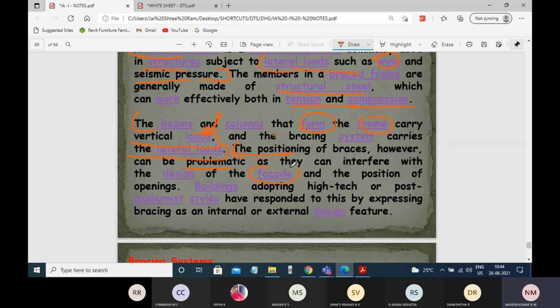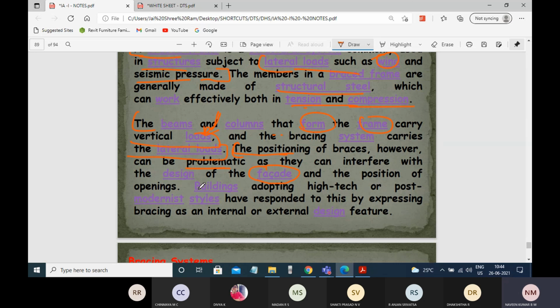That means the architecture plays a major role as an obstruction for braced frame structures. So you cannot place the openings at the required place in case of braced frames. That is the greatest disadvantage of braced frames.